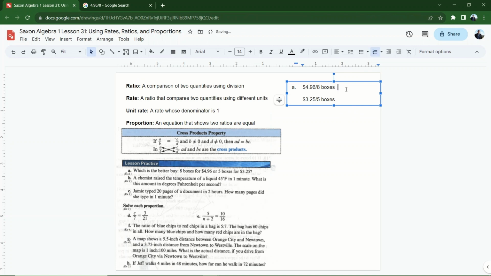So it's $0.62. So we know that's 62 cents, or $0.62 per box. And so that's what that one's equal to. That's the unit rate. Let's see what the unit rate of our second one is.